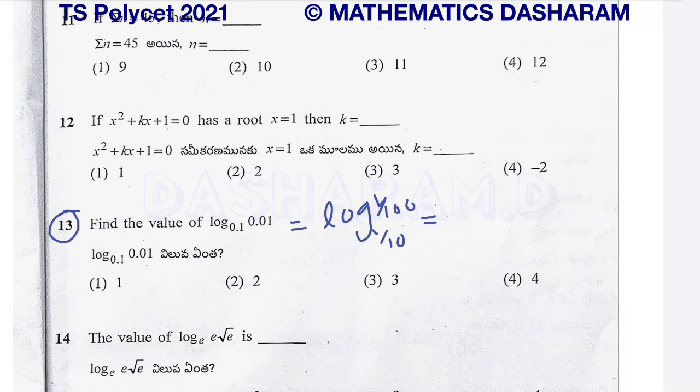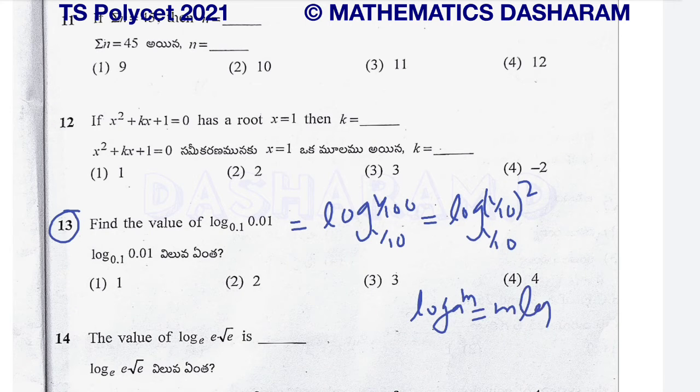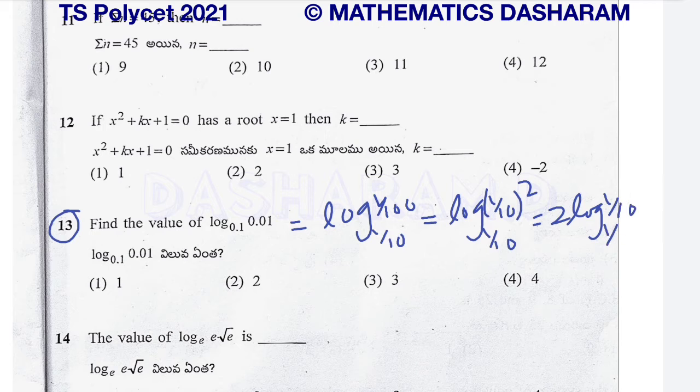Then it is equal to log, 1 by 100 can be written as 1 by 10 whole square, base 1 by 10. Now apply the log a to the power of m formula, that is m into log a. So according to this formula, 2 into log 1 by 10 base 1 by 10. 2 into 1, it is equal to 2. So option 2 is correct.